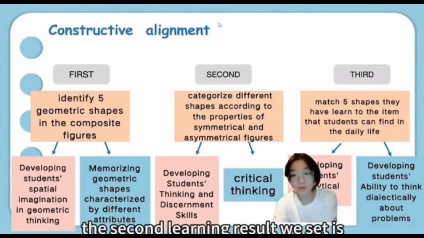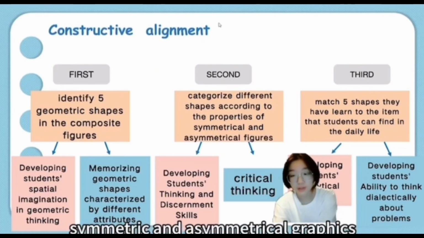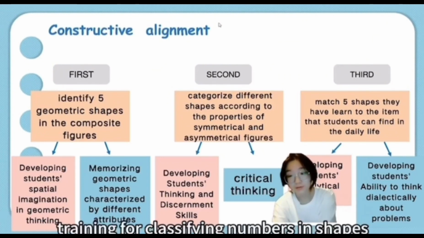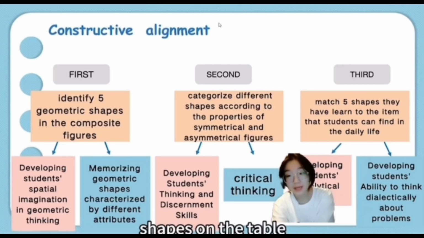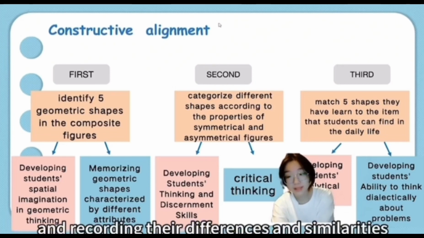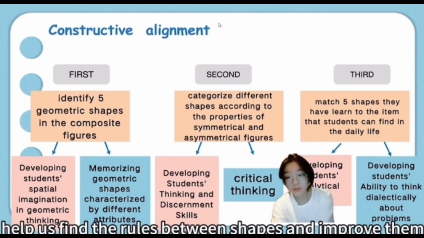The second learning result we set is to classify differently according to the nature of symmetrical and asymmetrical graphics. This is a very useful training for classifying shapes. It trains thinking ability and classification ability by drawing shapes in the table and recording their differences and similarities. This process of classification and observation helps us find the rules between shapes.